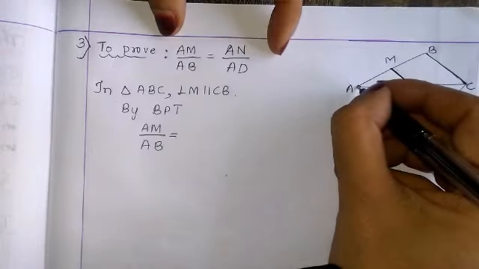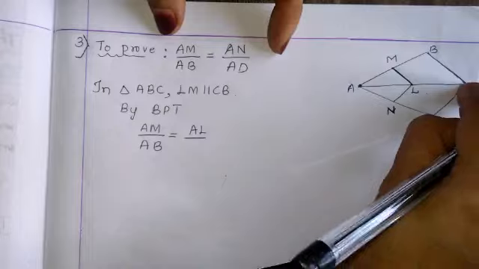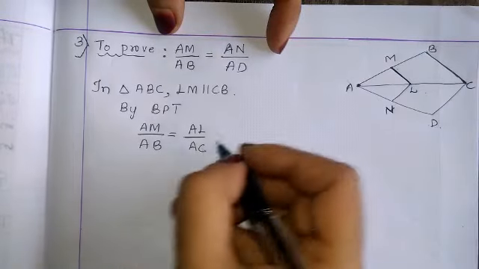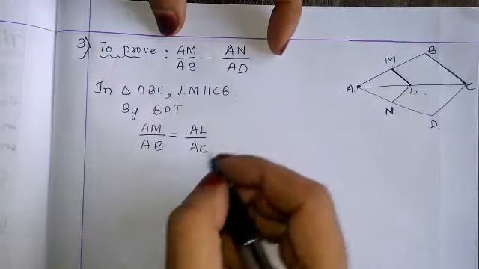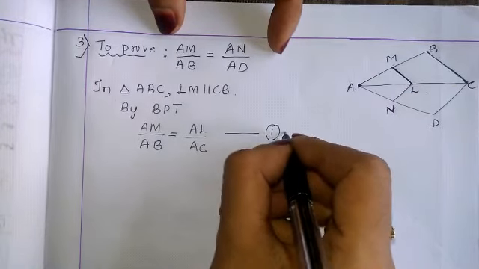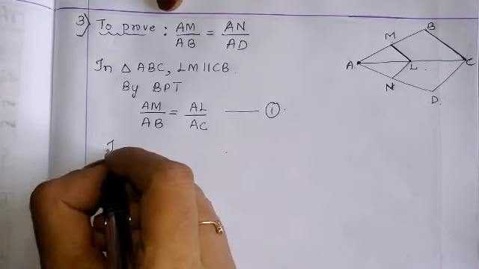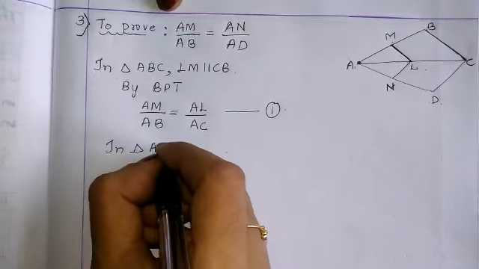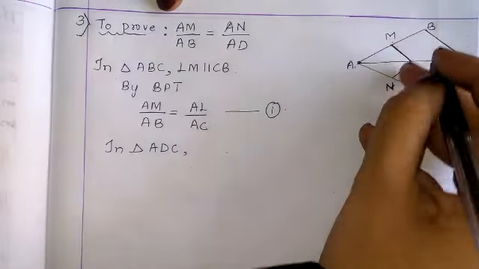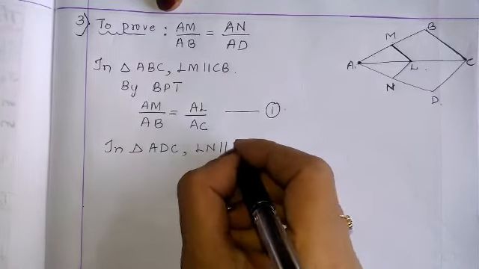AM upon AB is equal to AL upon AC. We will consider this as equation 1. Now let us go to the lower triangle, in triangle ADC, LN parallel to CD.